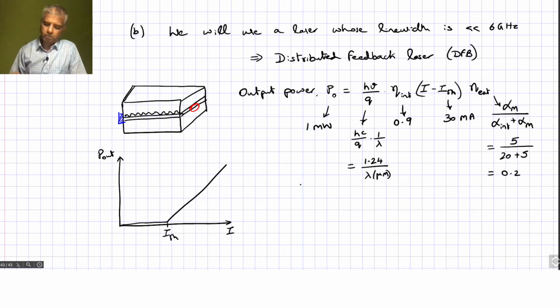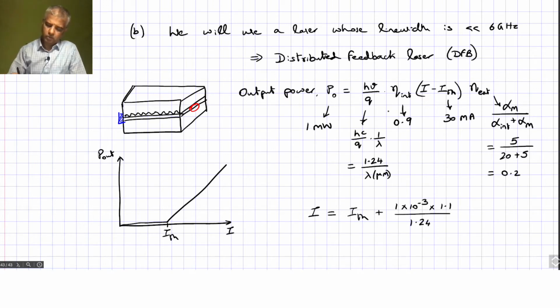Now we can plug everything back into this expression and find an expression for I. If you rearrange all these values, you will find I equals I threshold plus P naught, which is 1 into 10 power minus 3, multiplied by lambda in micron, so that's 1.1 divided by 1.24.